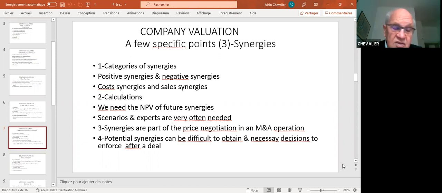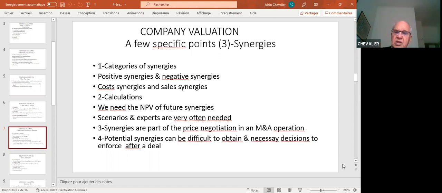This is not very easy for different reasons. The first one is that you have to identify clearly the synergies. You have to put a value on each synergy for each year.